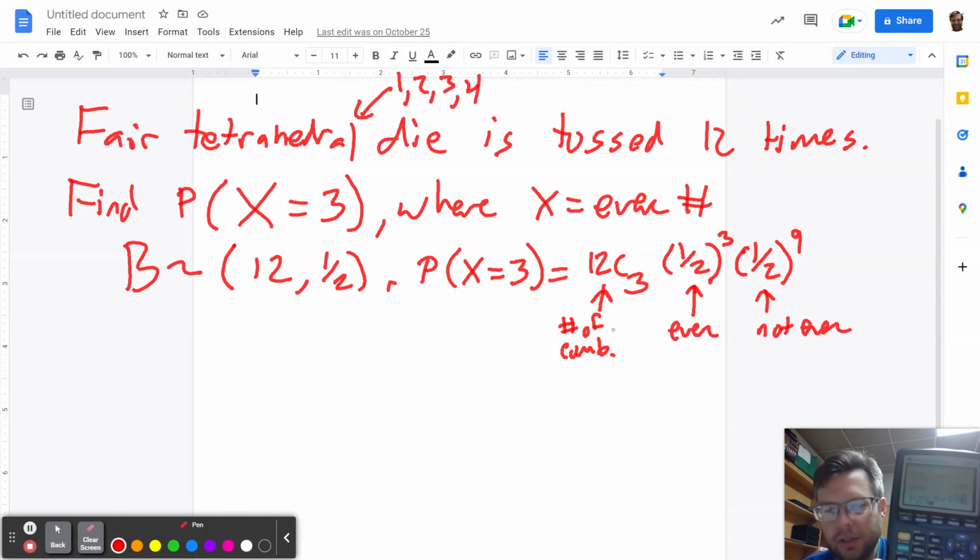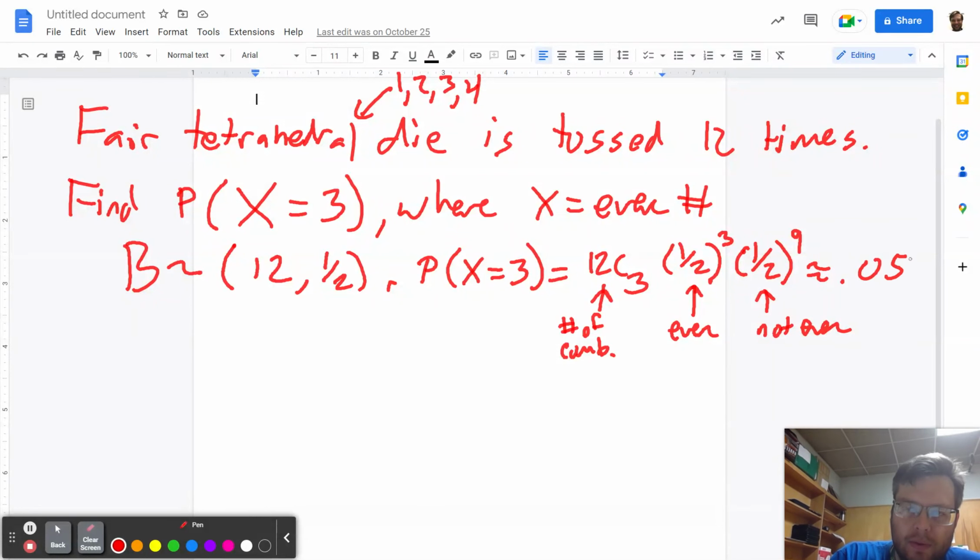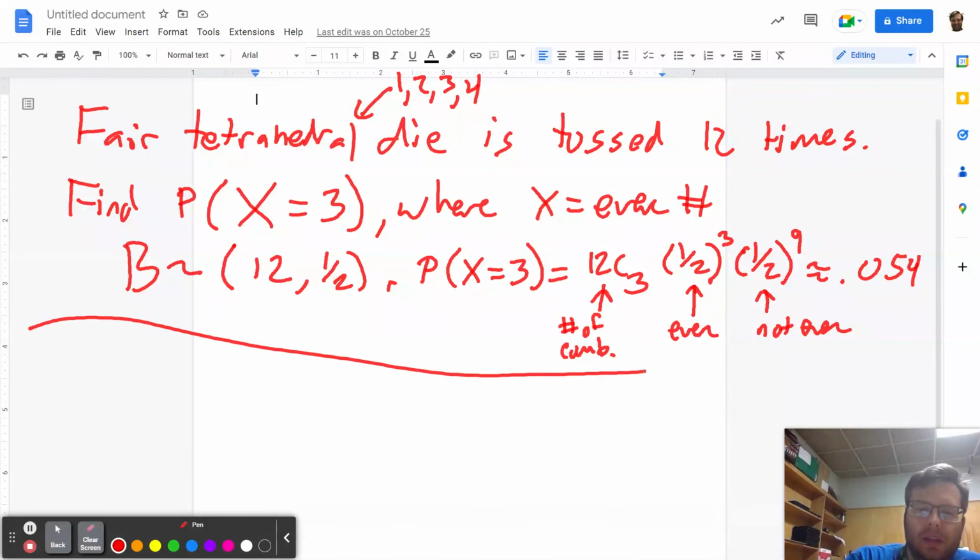So your calculator should look like this. Hit enter, and you'll get this probability. So 0.054, about 5% of the time, you're going to get exactly 3 even numbers and 9 odd numbers. Okay, let's look at another example.